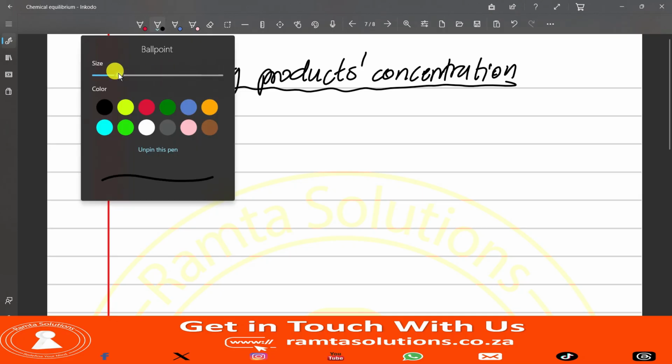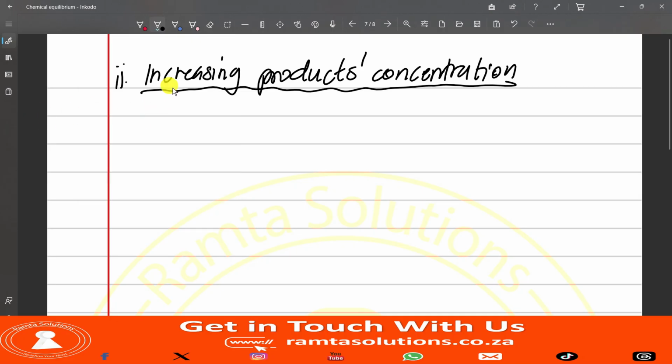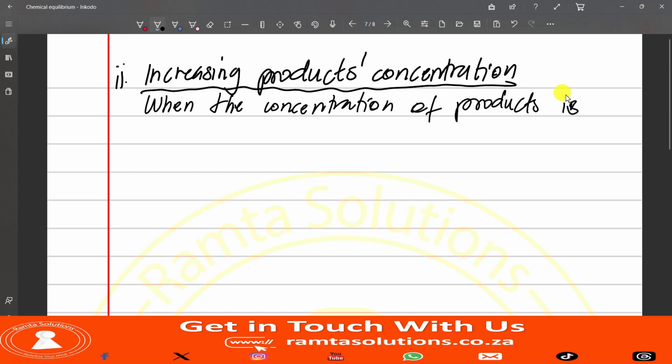Okay, let's see. So now what happens? When the concentration of the products is increased, you know that story.